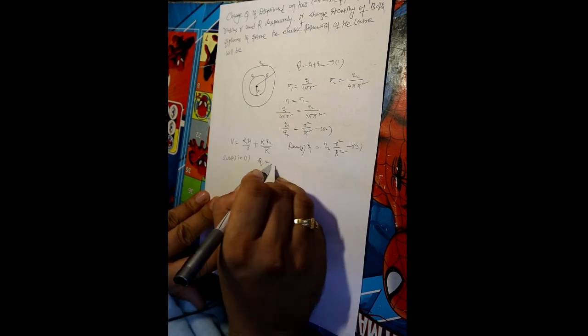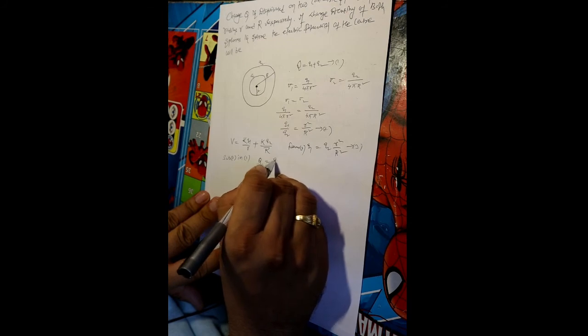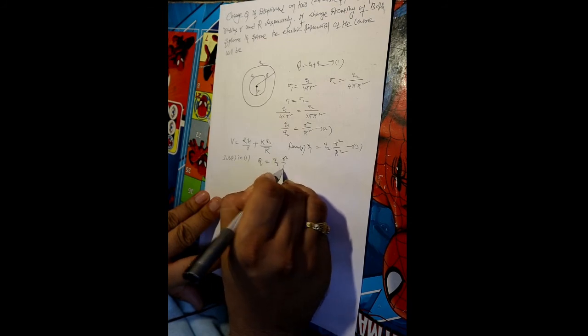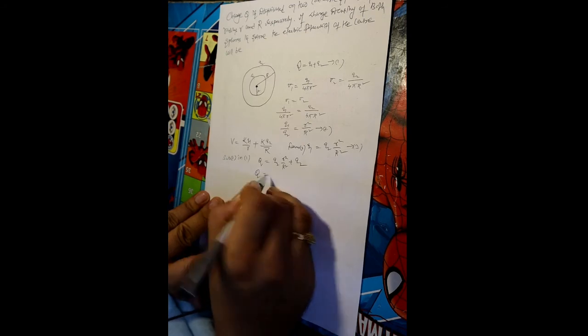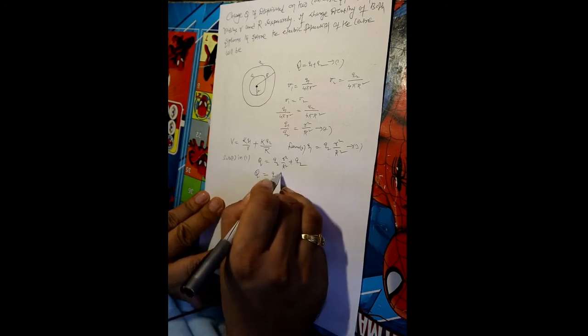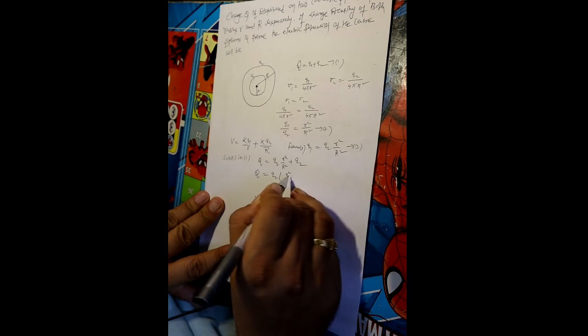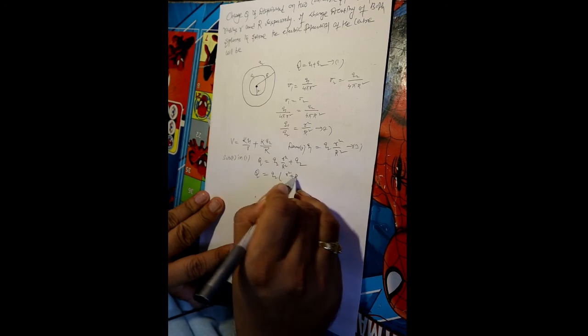So Q is equal to Q2 into r square by capital R square plus Q2. Q is equal to Q2 into r square plus capital R square divided by capital R square.